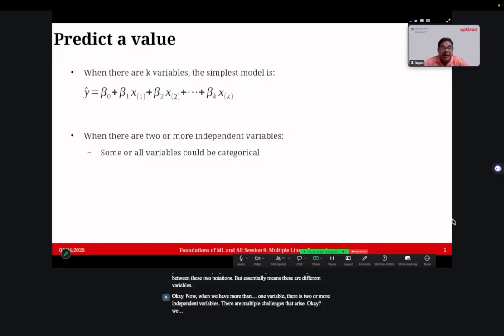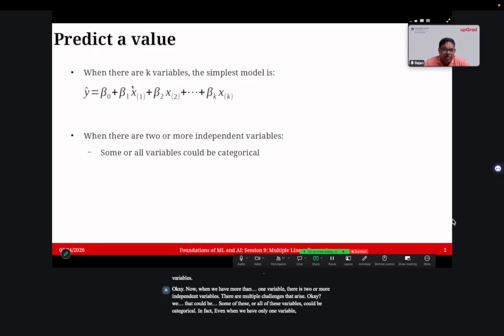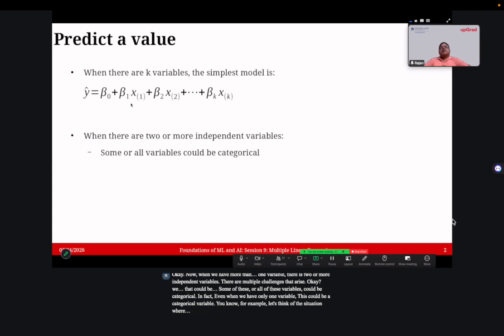Some or all of these variables could be categorical. In fact, even when we have only one variable, this could be a categorical variable. For example, let's think of the situation where we have heights of people.